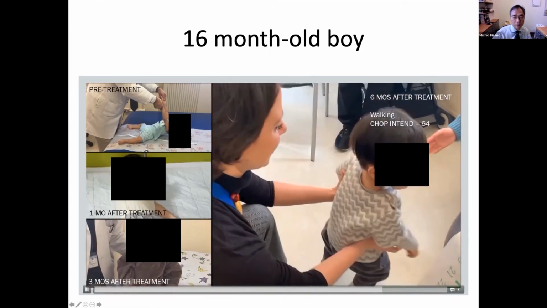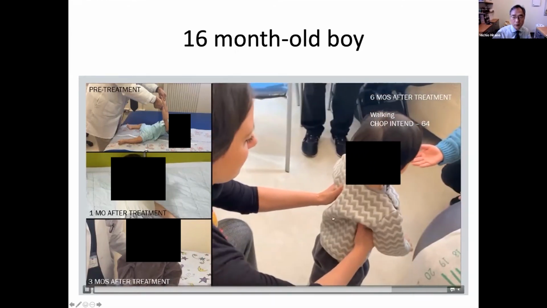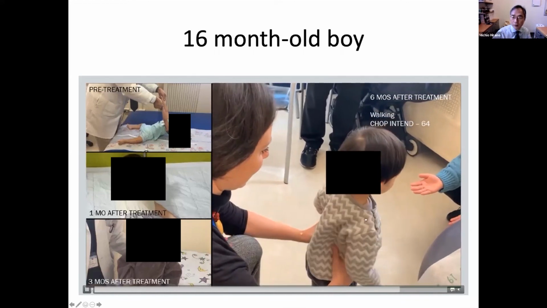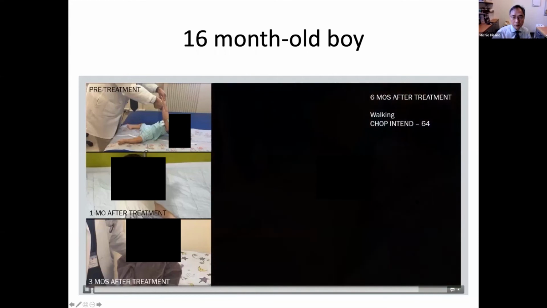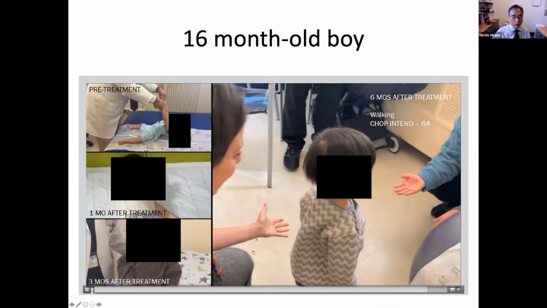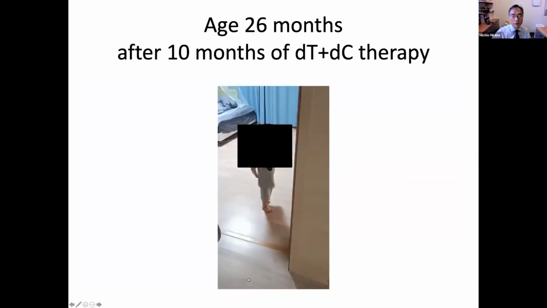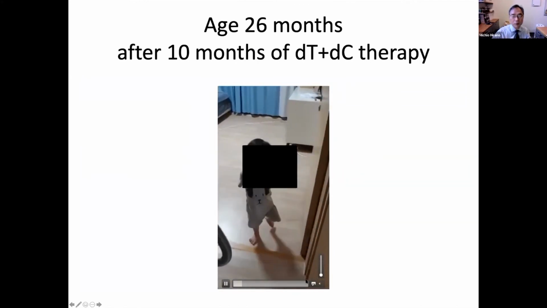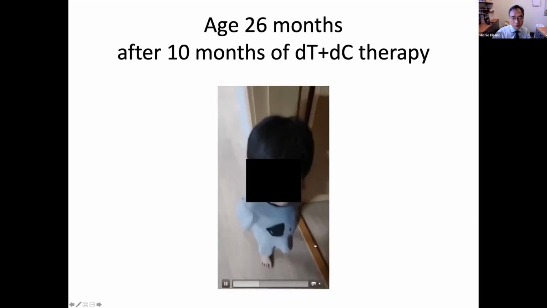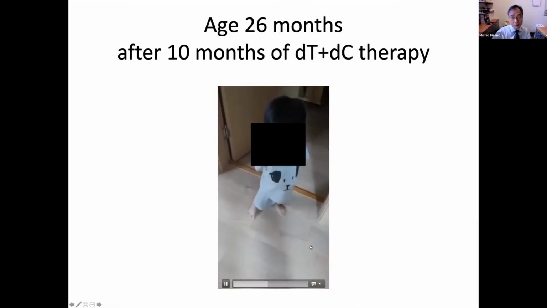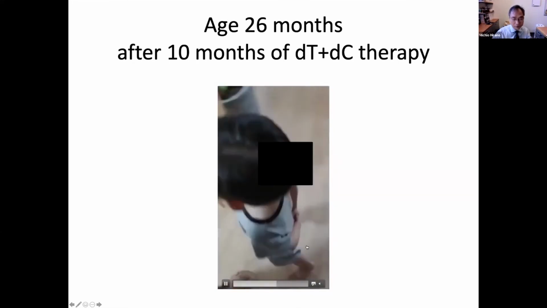Here he is with Dr. Valentina Emanuele, who was working with us at that time. You can see he was able to take a couple of steps. With further treatment, he's able to walk independently. And here he is nonchalantly walking with his arms behind his back. He's able to move his arms. He's just showing off here a little bit.